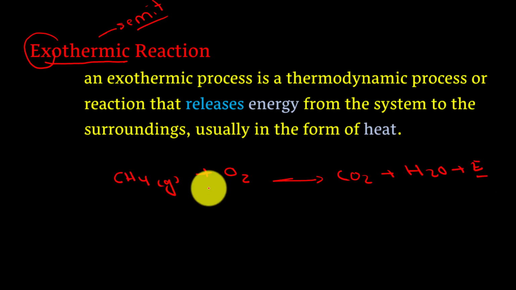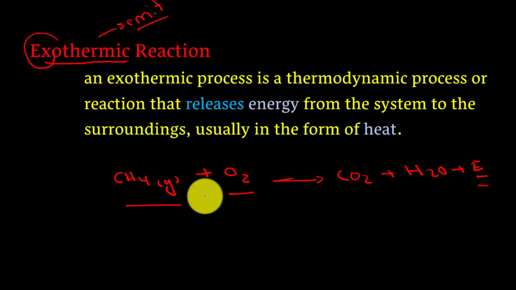So while the CH4 or the methane gas reacts with the oxygen, while these two are reacting with each other, during this reaction, heat is emitted. Energy is emitted or released in the form of heat. So this kind of reaction is called an exothermic reaction.